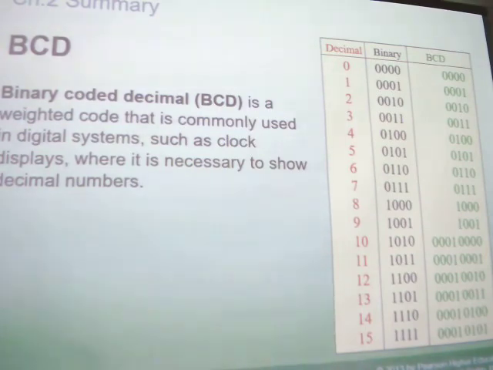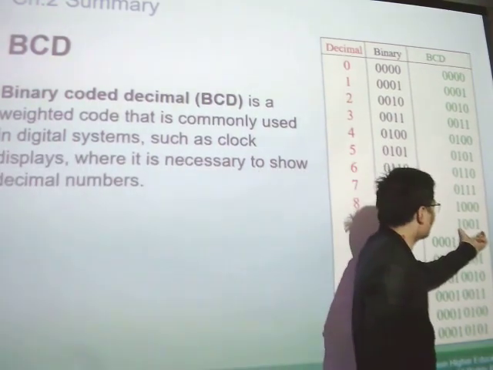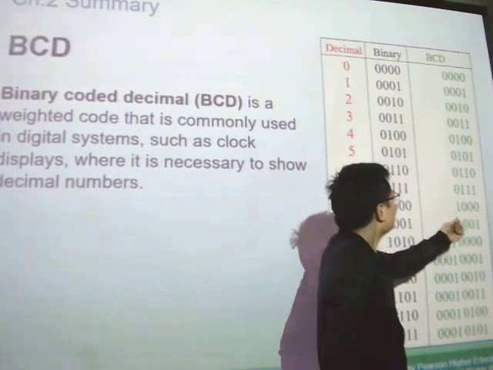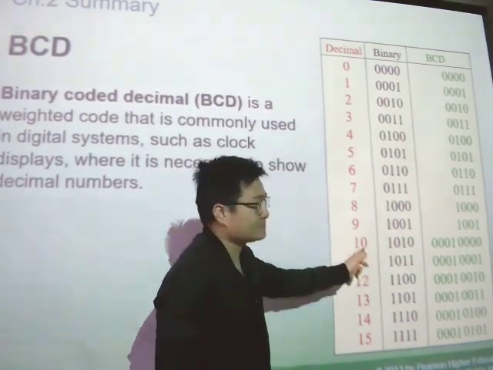So we should know that each decimal digit can be represented by 4 bits of binary coded decimal.